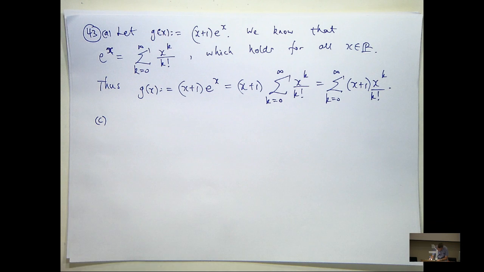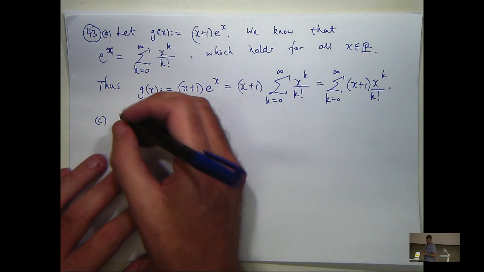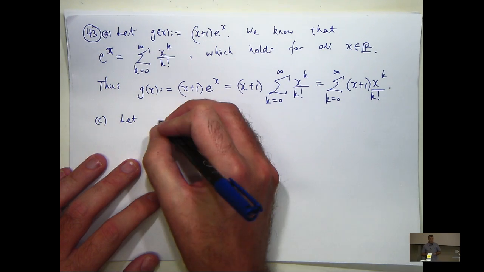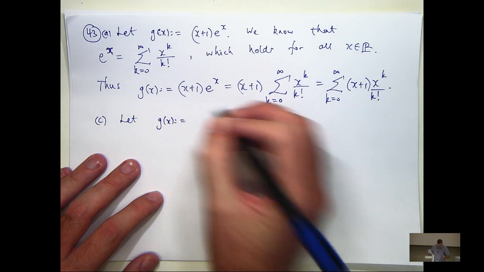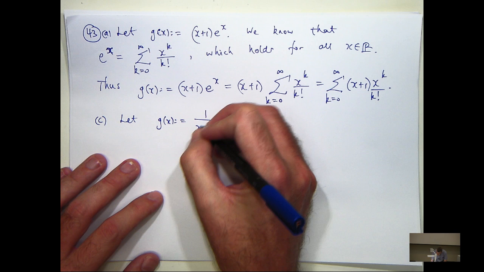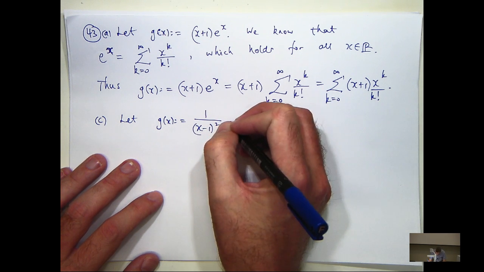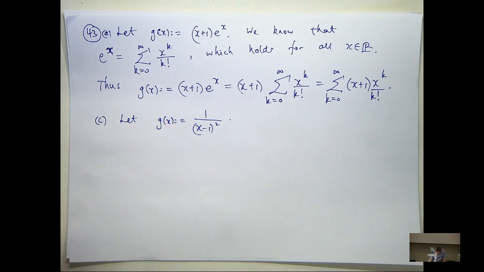Let's move on to C. Here we have our function g of x defined in the following way. And we're asked to come up with a power series for this function, g of x.